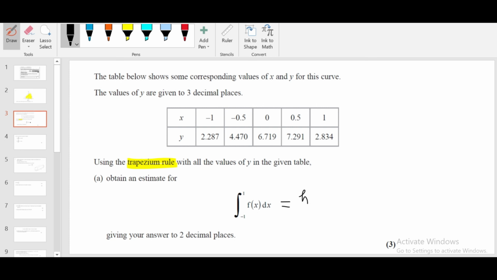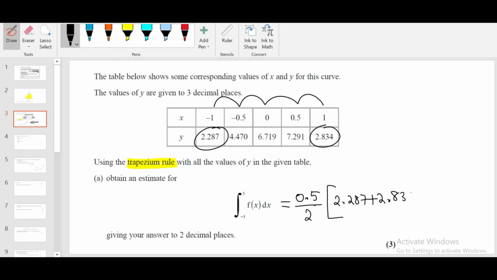The formula is h over 2. h is basically the common difference here, which is 0.5, divided by 2, times the first y value plus the last y value: 2.287 plus 2.834, plus 2 times the sum of the rest of the y values: 4.470 plus 6.719 plus 7.291. That's all. You calculate this.